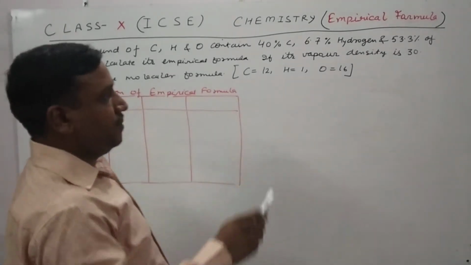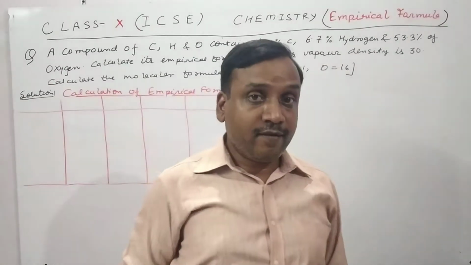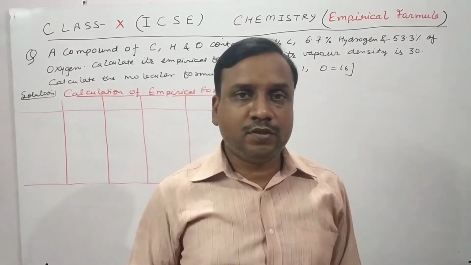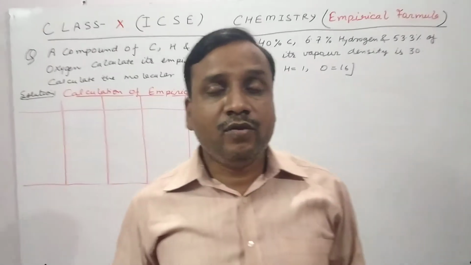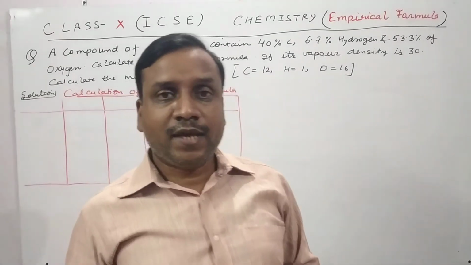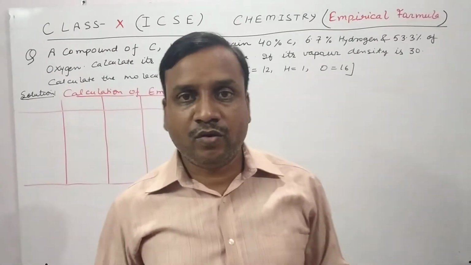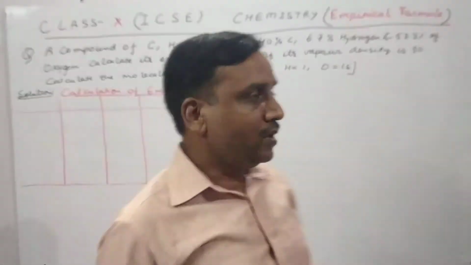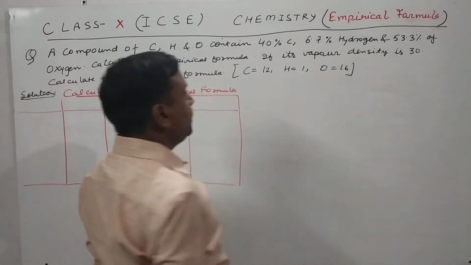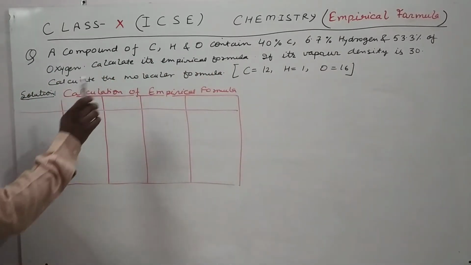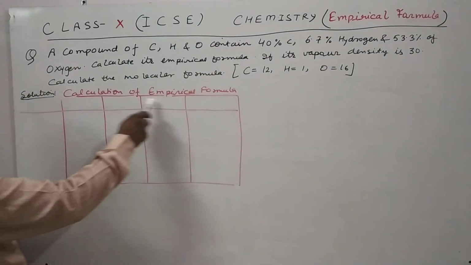Calculate its empirical formula. First you have to calculate the empirical formula if percentage compositions are given. If percentage composition is not given, then you can calculate as I have explained in the video of percentage composition. If percentages are given, to calculate the empirical formula, you will draw this type of table.